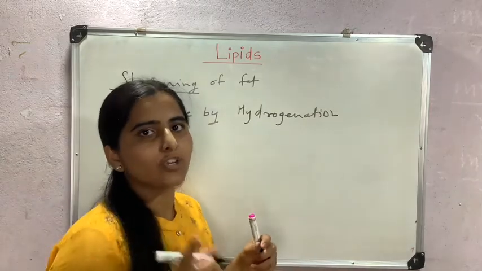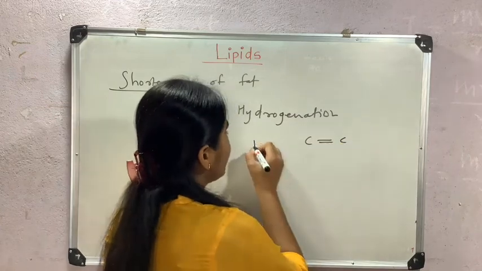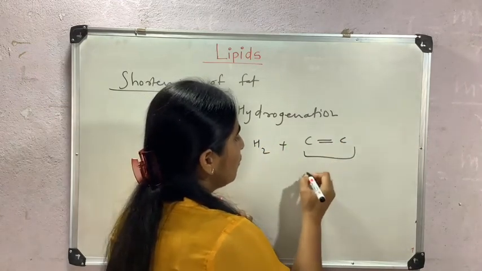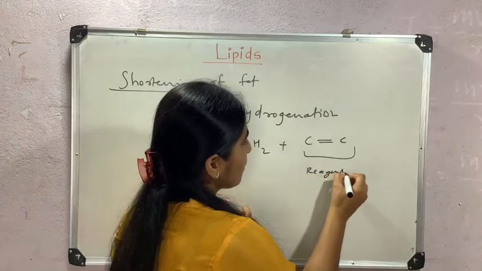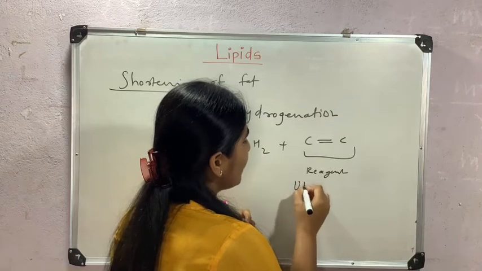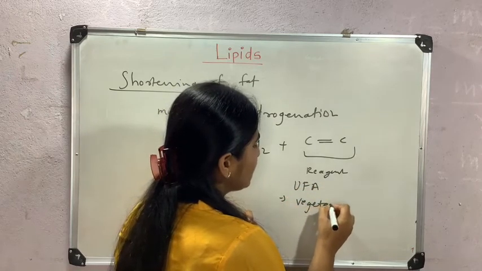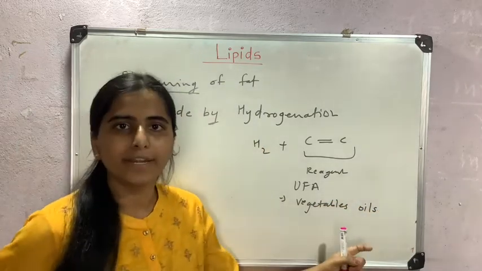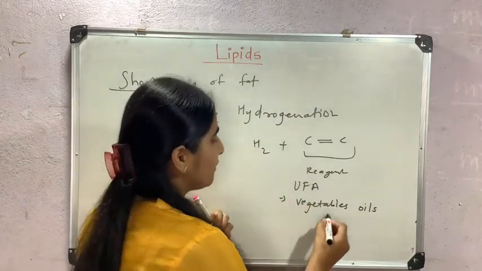Hydrogenation means addition of hydrogen atoms, H2, to the carbon-carbon double bond. Therefore, we should take unsaturated fatty acids as the substrate. That is, vegetable oils are converted by this hydrogenation process into solid fat.